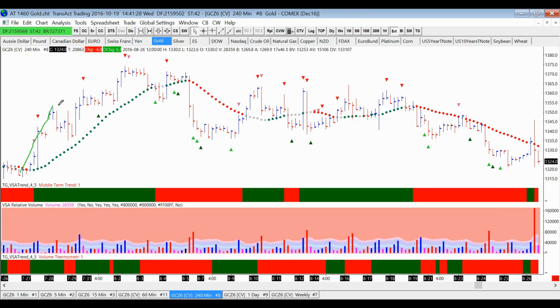Okay, so I have a swing up, and I'll even do different colors for you guys. And I have a swing down. So is the swing up larger than the swing down? Obviously it is, right? Okay.